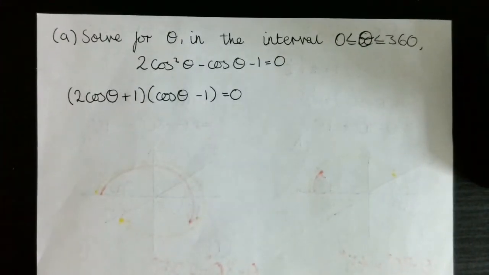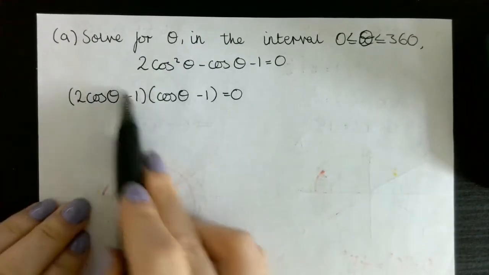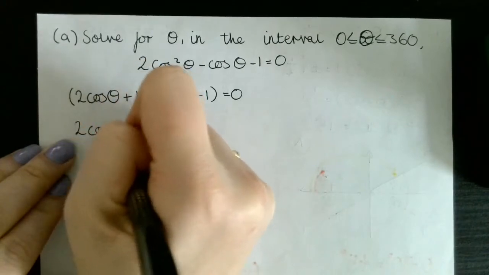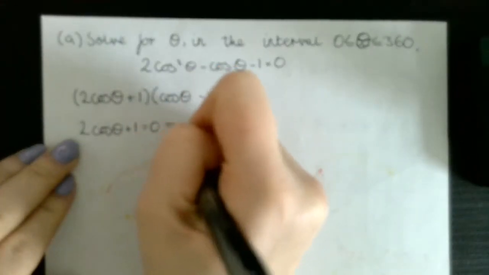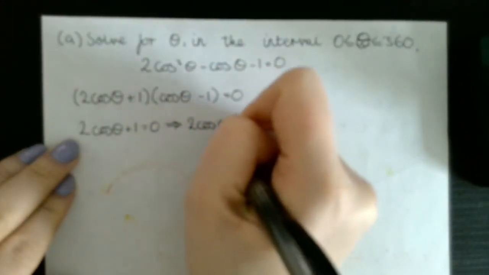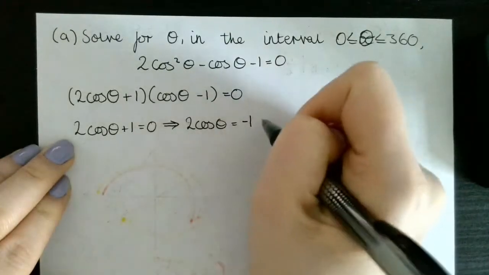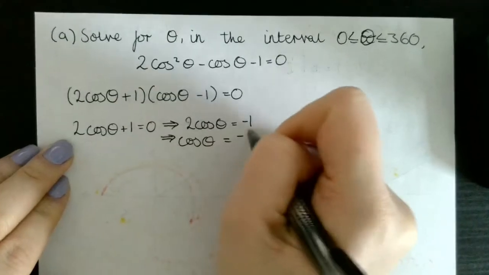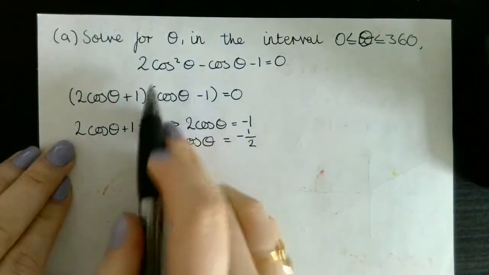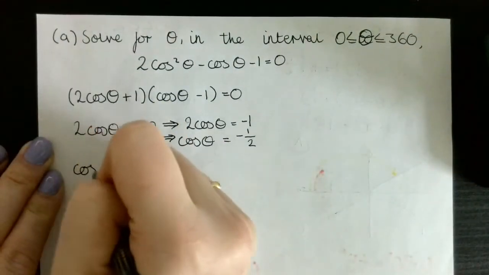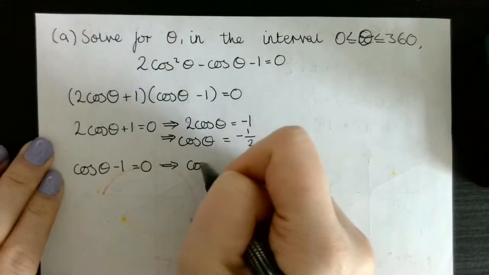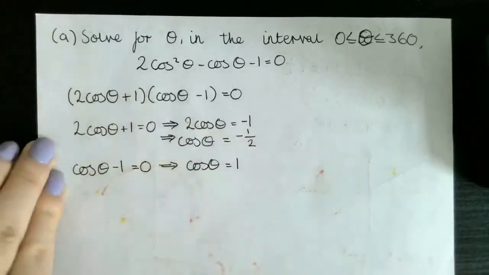So if we then solve this quadratic, we've either got that this bracket is equal to 0, which implies that 2 cos theta is equal to negative 1, and therefore cos theta is equal to negative a half, or this bracket equals 0, which implies that cos theta is equal to 1.